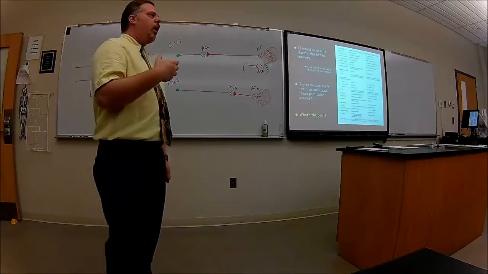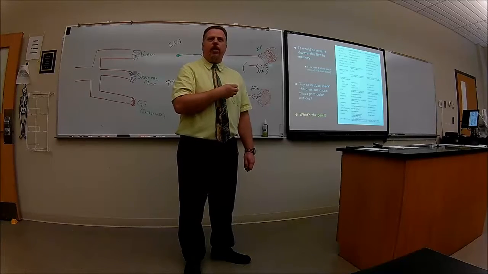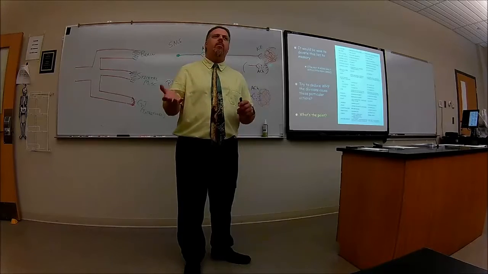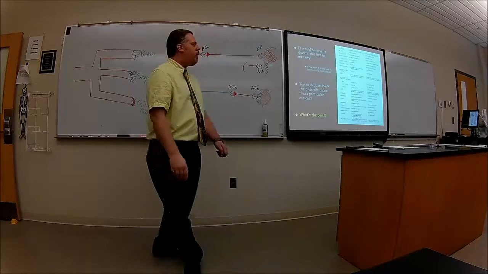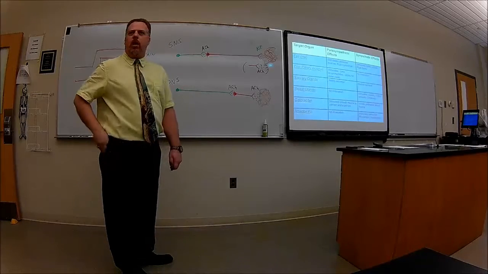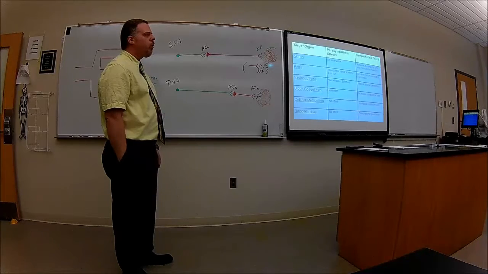So you're going to have breakdown of glycogen occurring in sympathetics, but you're going to be building up glycogen when you deal with parasympathetics. It makes sense when you really think about it. So these slides have a little bit more detail, and if those are too vague for you, you can go do those on your own. Okay?